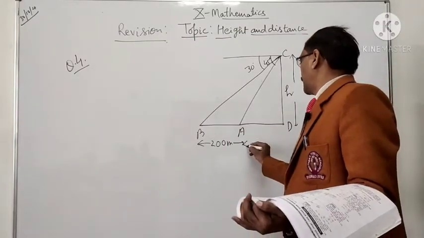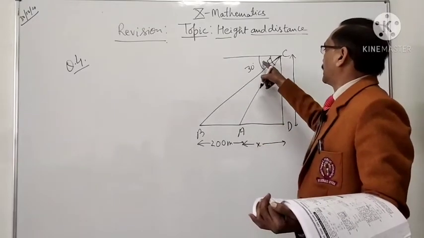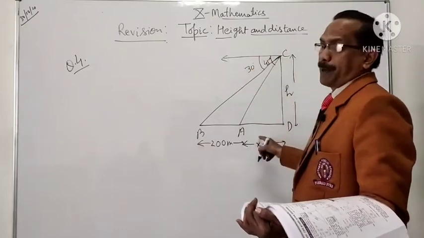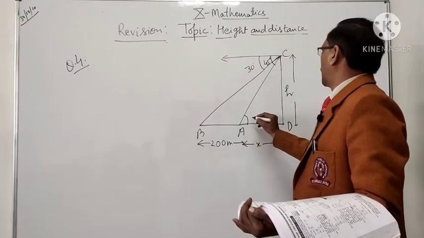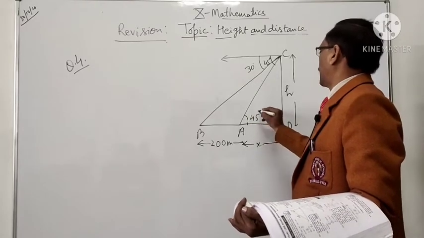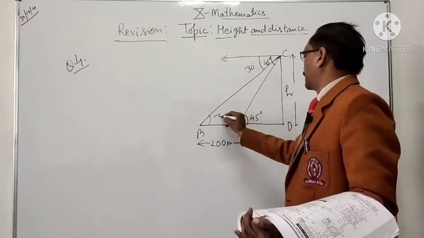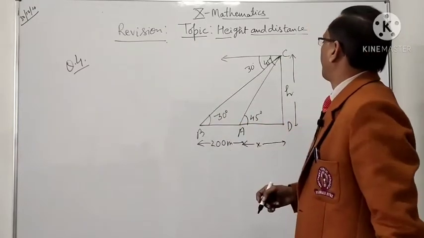Student, let this value be x. Since these two lines are parallel, AC is a transversal and this angle is 45 degree. These are alternate angles. Similarly, this is also 30 degree. Here BC is the transversal.